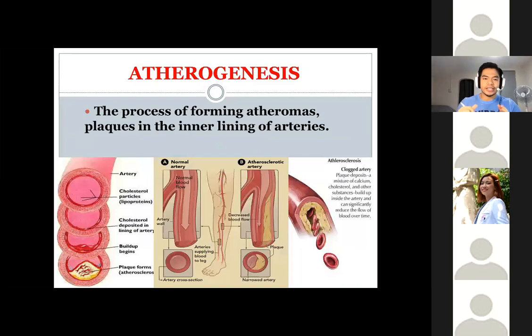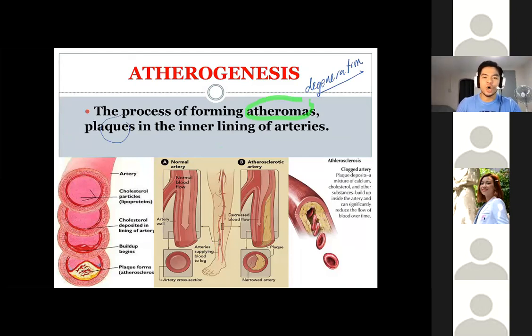So these are some terminologies. And eto, na-discuss ko na kanina, atherogenesis is the process of forming atheromas. Atheromas is degeneration of the walls of the arteries caused by plaque formation in the walls. So na-discuss ko kanina, what's the reason behind plaque formation?